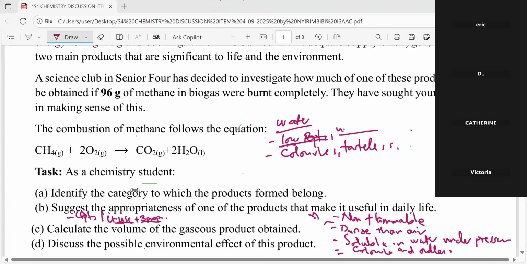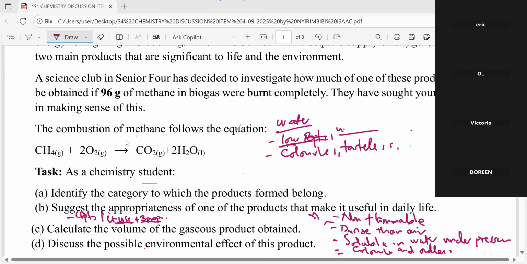There's someone here who wants to respond to your point. Victoria. Mine is about carbon dioxide. First of all, we start with one property and the use. That should always be the first one.